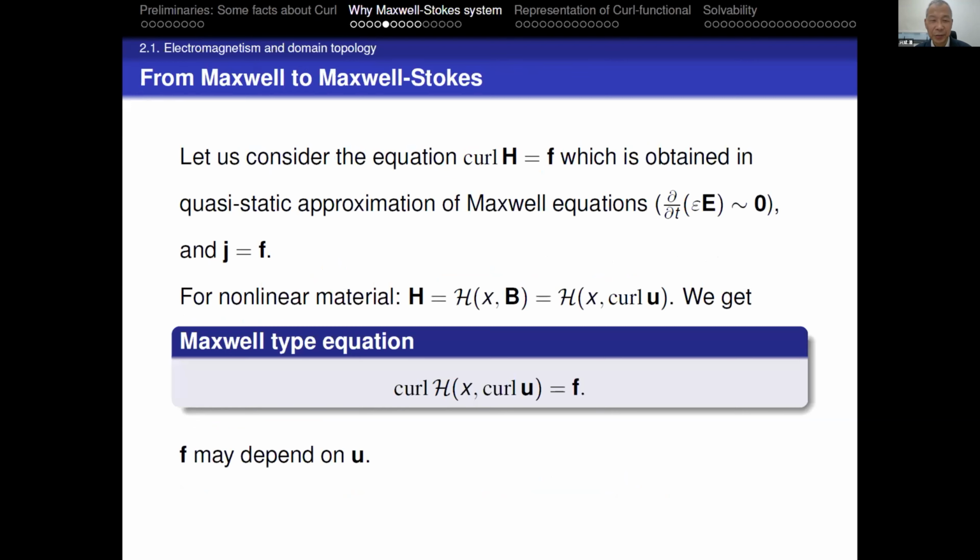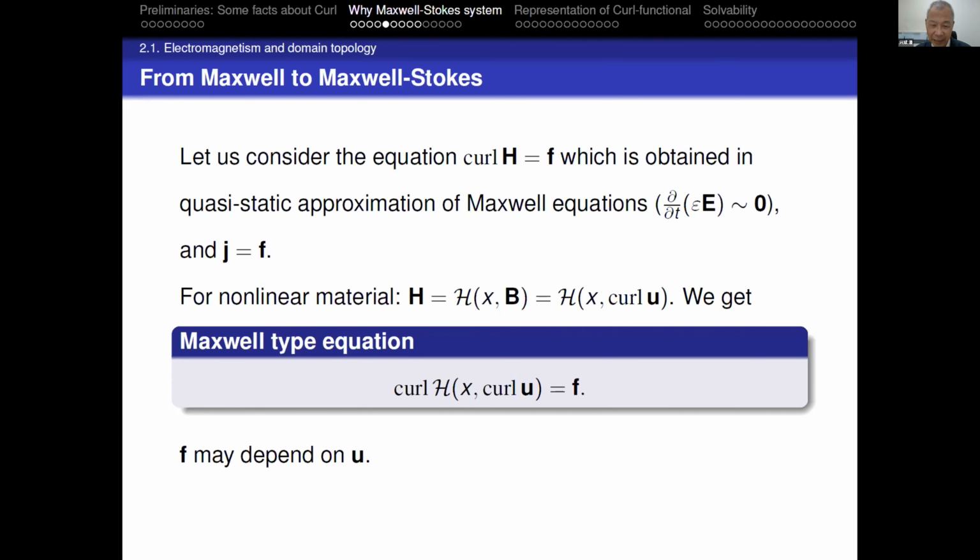Okay, now I want to explain why we move from Maxwell to Maxwell-Stokes. Let's consider the equation curl H = F. This equation comes from the Maxwell system, but we drop the term ∂E/∂t, and this is the so-called quasi-static approximation. After you drop this term, you get the equation curl H = F. But this F could be a given vector field and could depend on the magnetic potential.